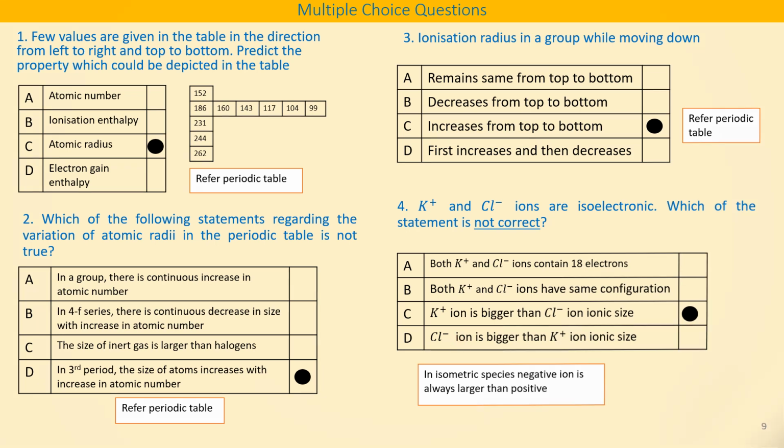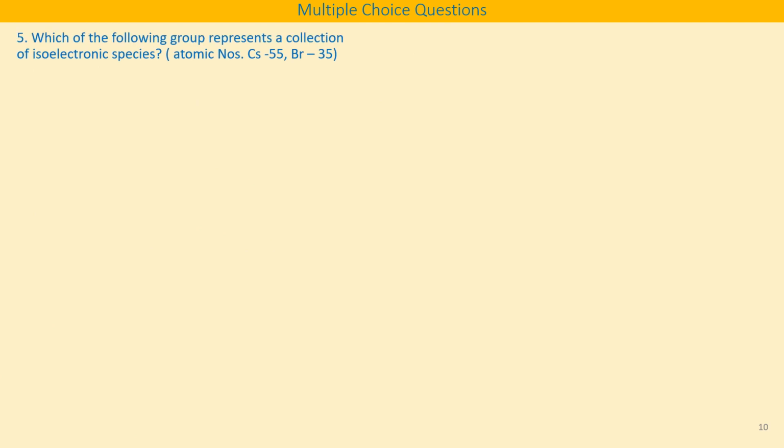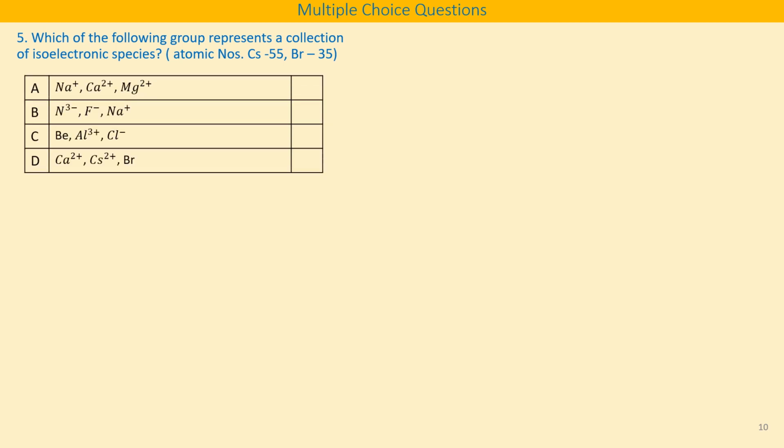Next question. Which of the following groups represents a collection of isoelectronic species? Atomic number of cesium is 55 and bromine 35. So we have to identify the isoelectronic species in the group.